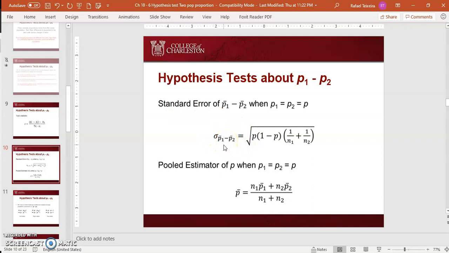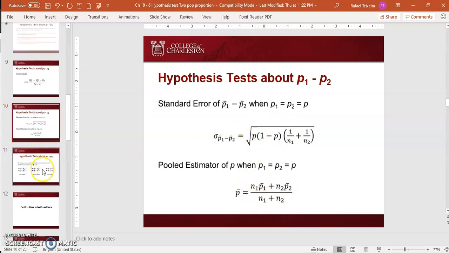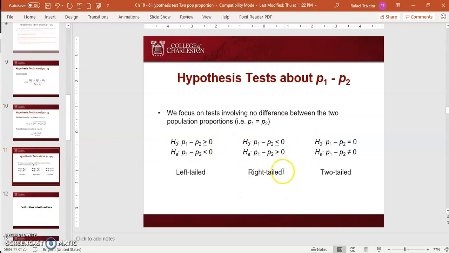And there's one thing that you have to pay attention to, that is the pooled estimator. You have to use this pooled estimator. So the piece you have here under the square root, you have to compute all this to get them, okay? That's what you have to do. And remember, the hypothesis test, we have left tail, right tail, and two tail. If the difference is just to be negative, then it is a left tail.